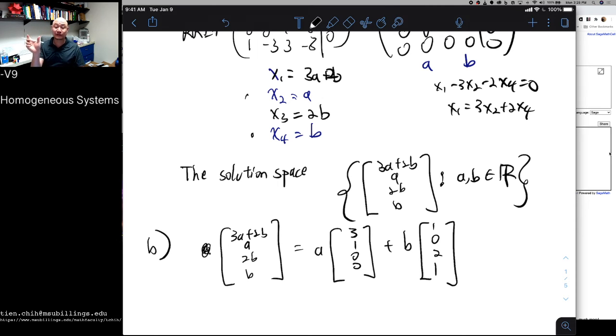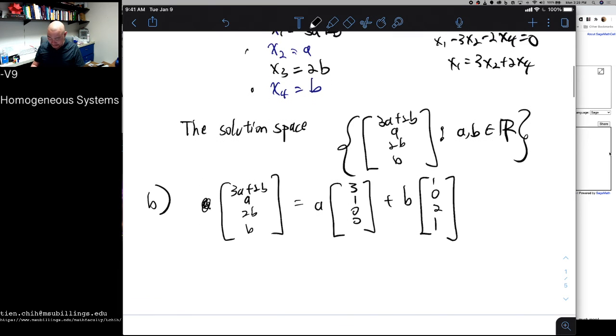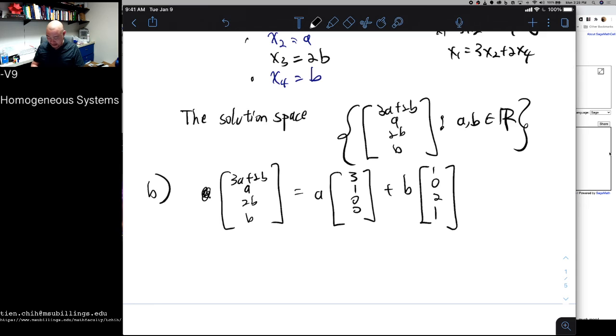Right? If I take those two vectors and multiply the a's and the b's into these vectors and add them together, I'll end up with exactly (3a plus 2b, a, 2b, b).